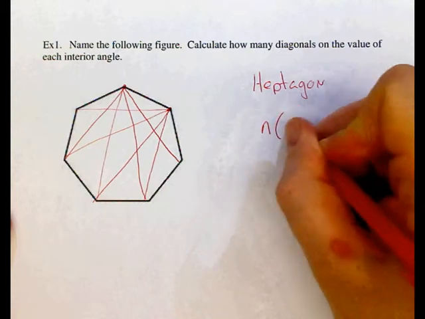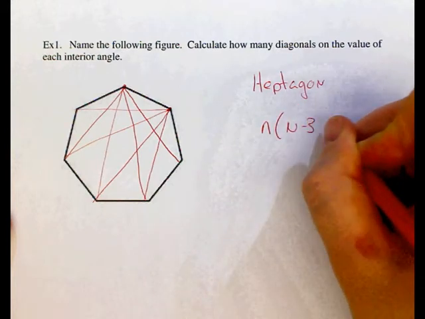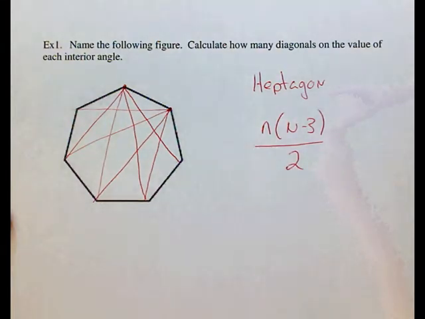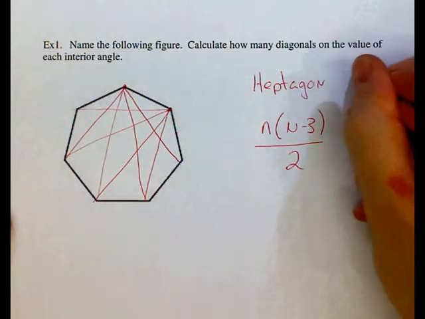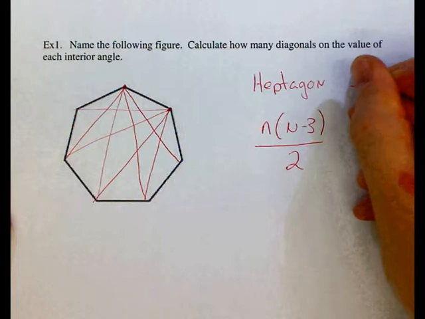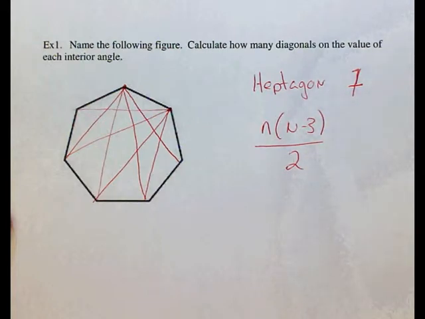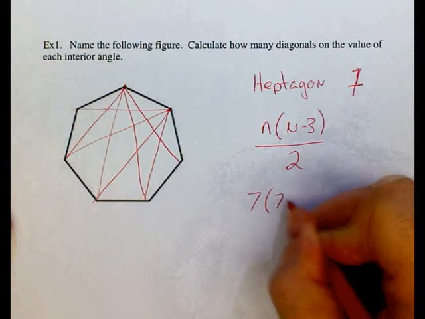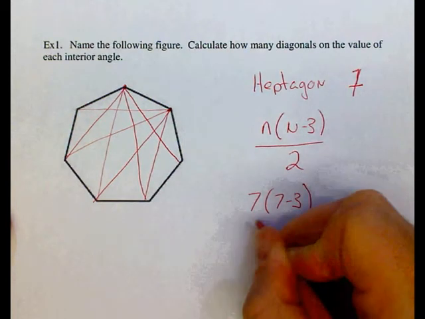n times n minus 3 all over 2. Now we said we're dealing with a heptagon. A heptagon is 7. So I'm going to take my n and change it to a 7. 7 times 7 minus 3, divided by 2.